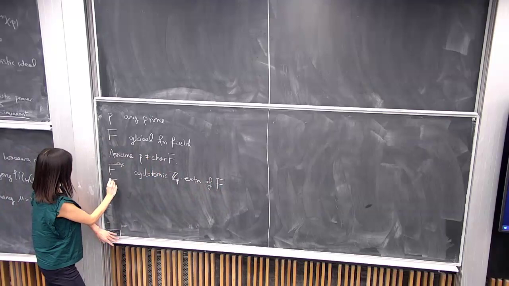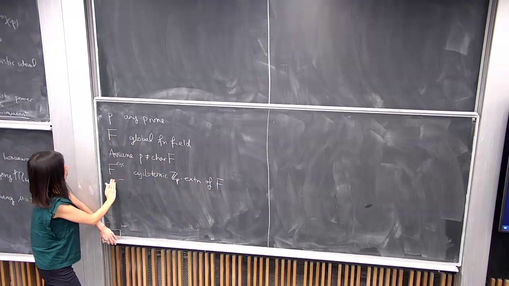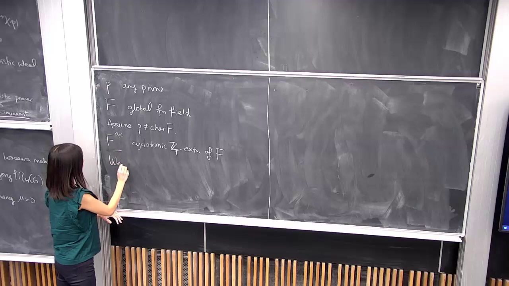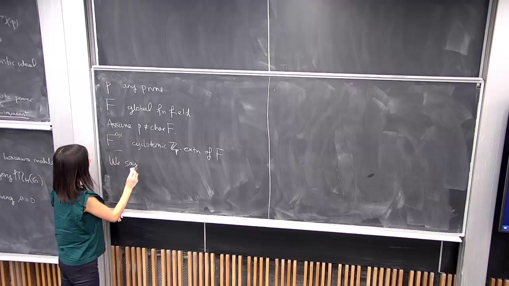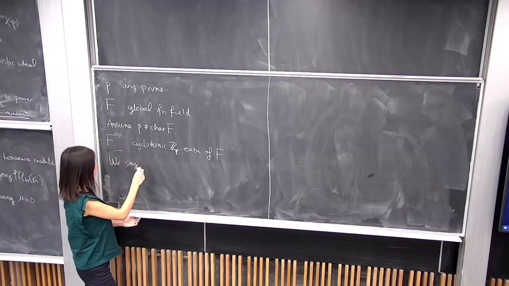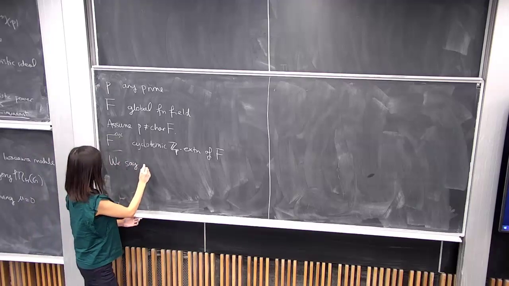And we say a p-adic Lie extension F infinity is admissible if it satisfies the following properties.